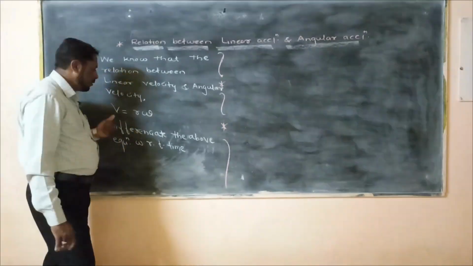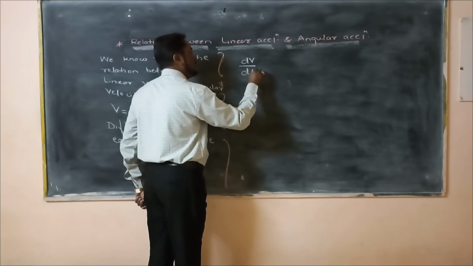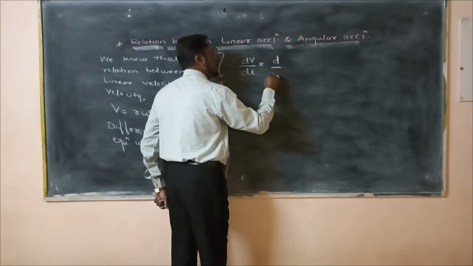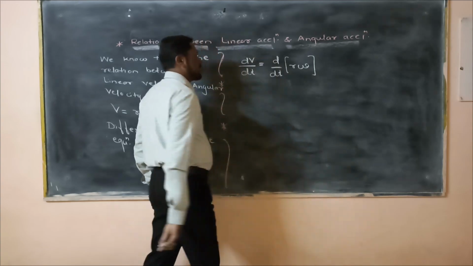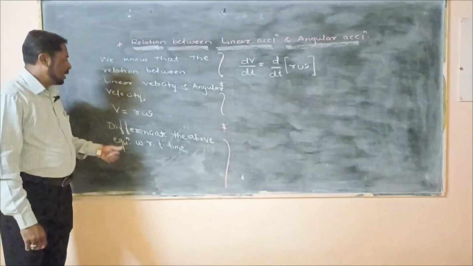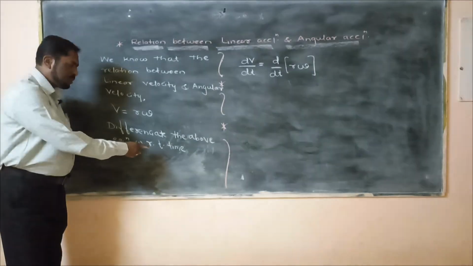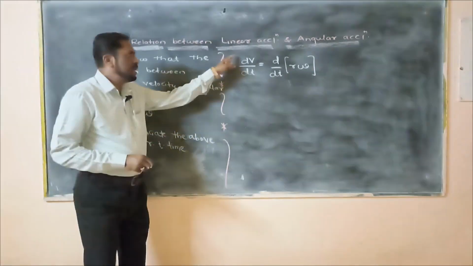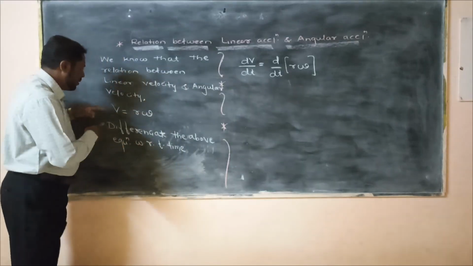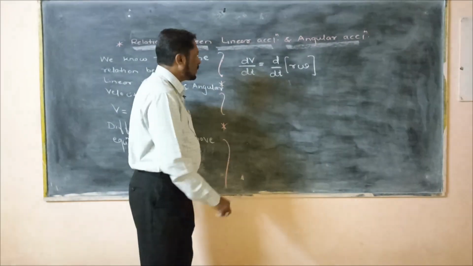So what we can write: dv upon dt is equal to d by dt of r omega. Just watch it carefully. See, v is equal to r omega. Differentiate with respect to time, that is d by dt of v, d by dt of r omega.